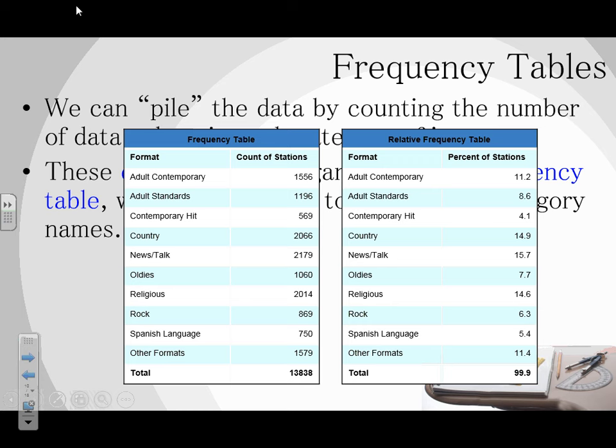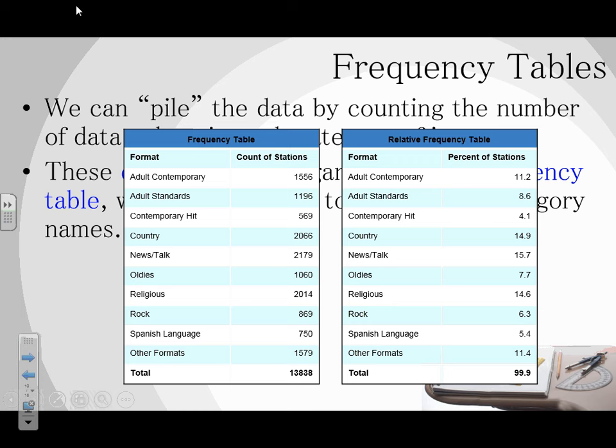So the individuals in the study would be the radio stations. So each radio station we measured a variable for. What variable are we measuring as far as the radio station? What do we want to know about the radio station?